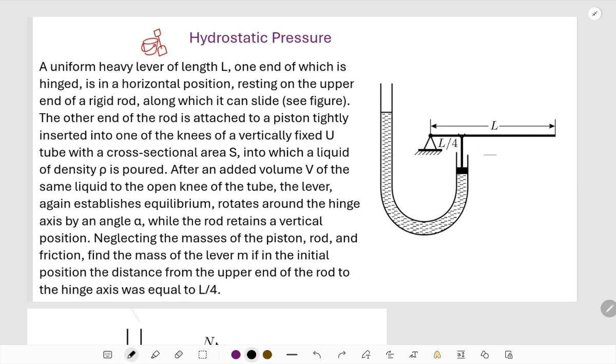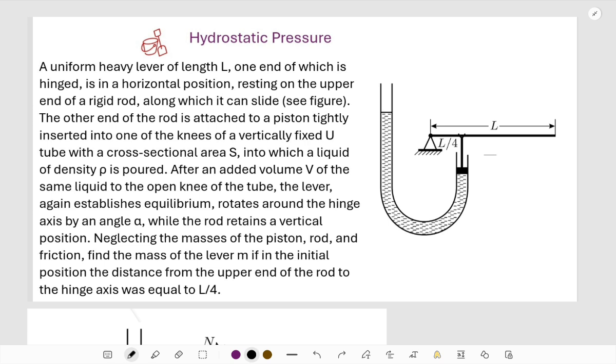And what next? Into which a liquid of density rho is poured, right? Initially it was in equilibrium, and then what happened?